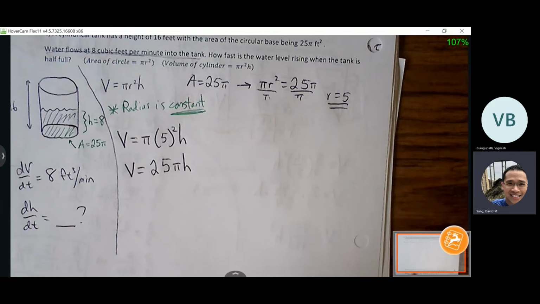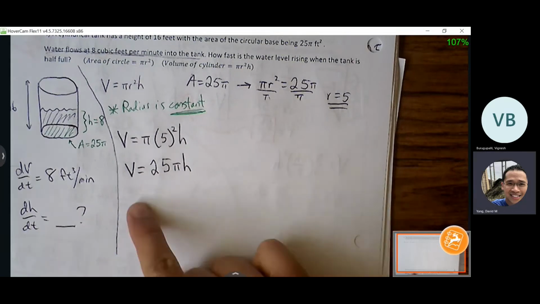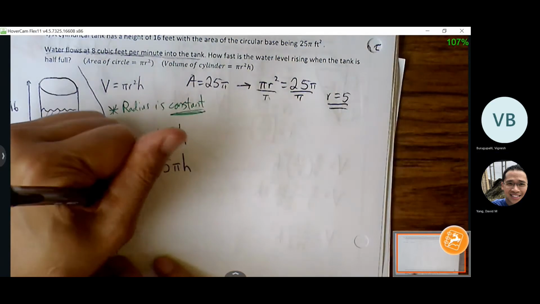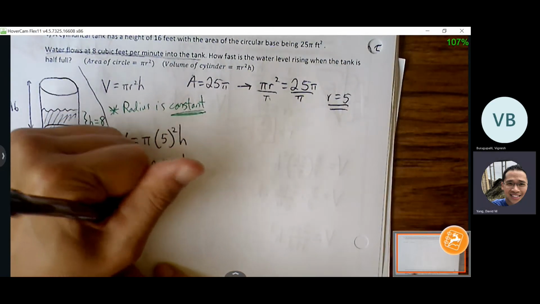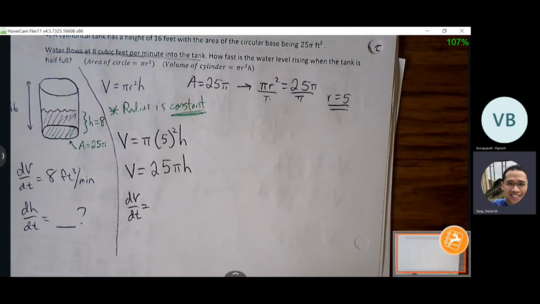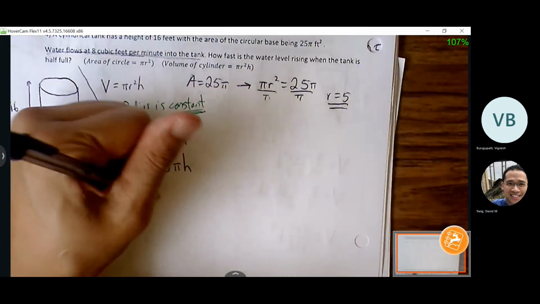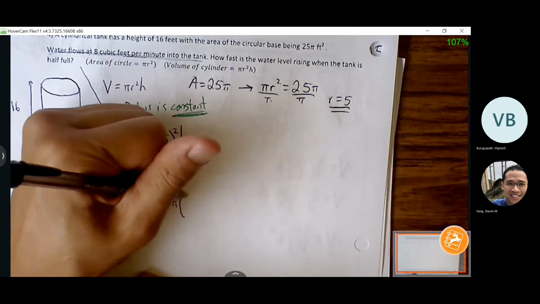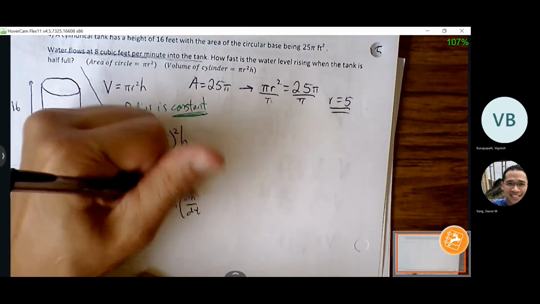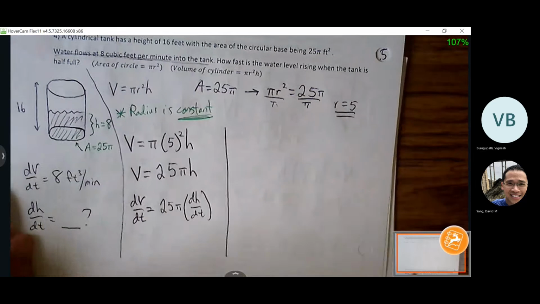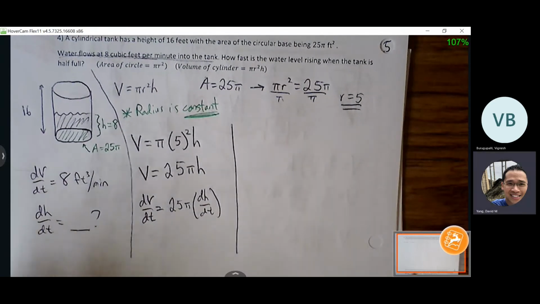Okay, we're ready for the derivative. Minimal cleanup here. V becomes dV/dt, and 25 pi h becomes 25 pi dh/dt. Do we have everything we need?